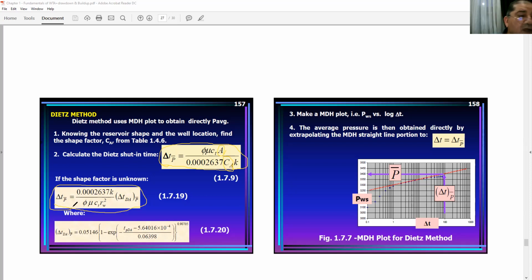So you need to calculate delta tp dash from this model, model 1719. 0.002637 k, phi mu ct rw, delta tDA dash, and delta tDA dash is calculated by this model.